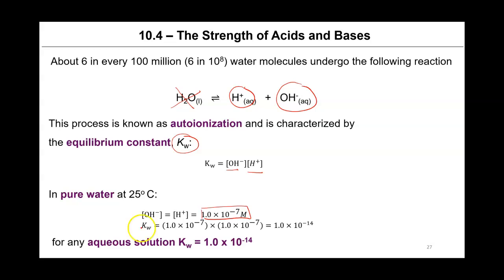So that means that Kw is 1 by 10 to the minus 7 times 1 by 10 to the minus 7, or 1 by 10 to the minus 14. Now it turns out that for any aqueous solution, Kw always equals 1 by 10 to the minus 14 at 25 degrees Celsius.